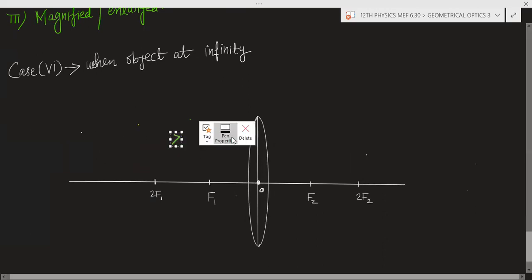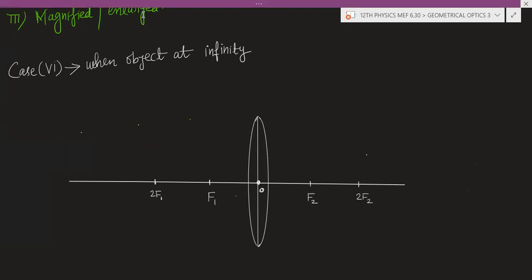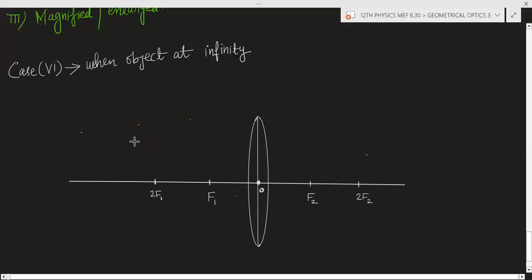So this is, suppose, the first parallel ray from the object at infinity.